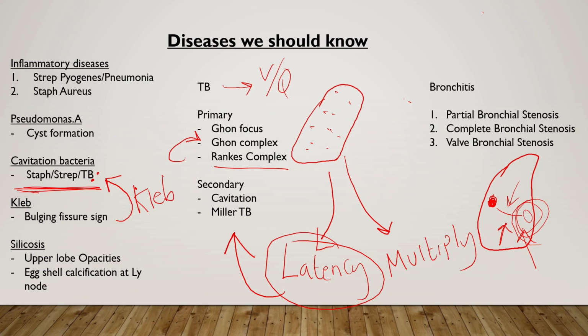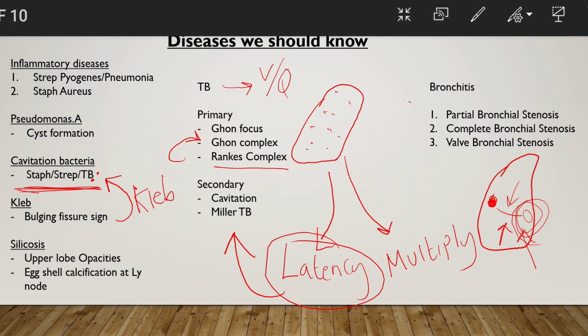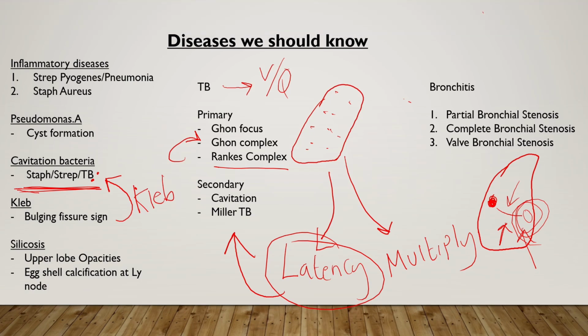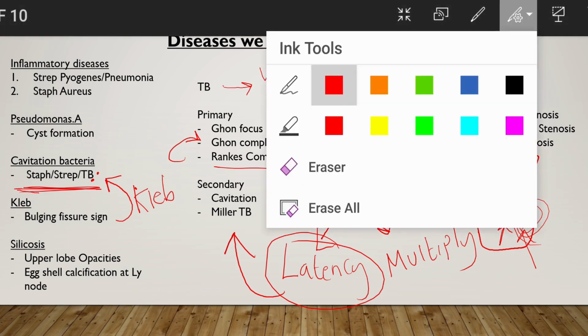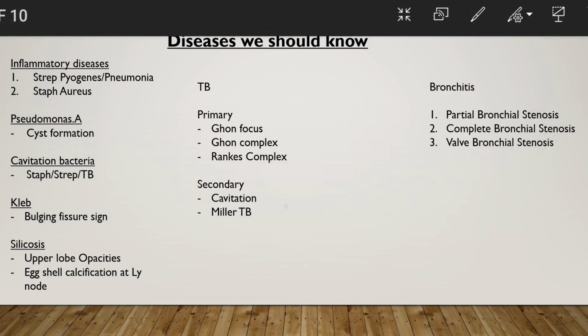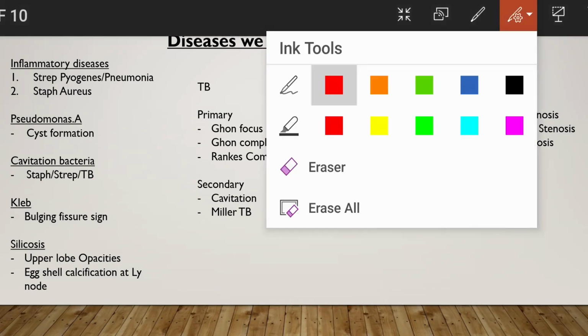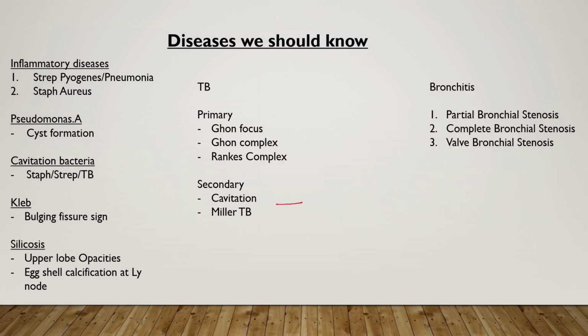All right, so secondary is also known as post-primary because it happens after primary, and this occurs in 2 places. Now I'm going to get rid of everything. I think this is right. It can happen in our lung again, in 2 places.